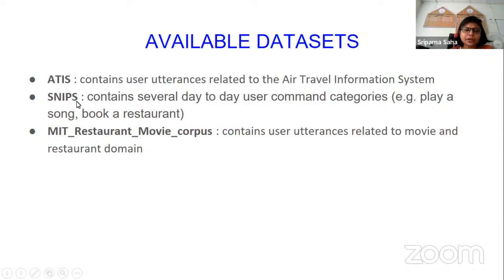Then we have the SNIPS dataset, which contains several day-to-day user command categories like playing a song, booking a restaurant, etc. And third is the MIT restaurant movie corpus, which contains user utterances related to the movie and the restaurant domain.